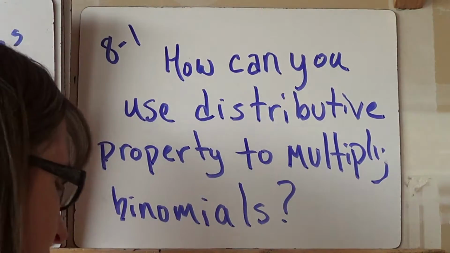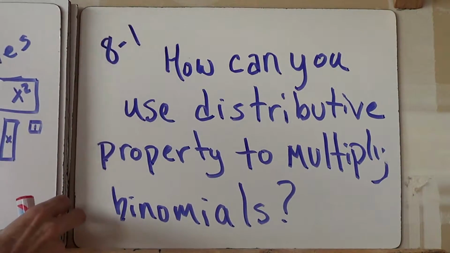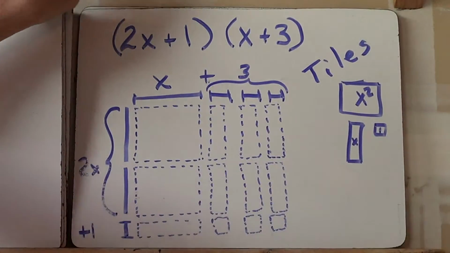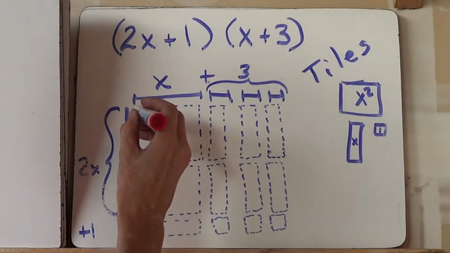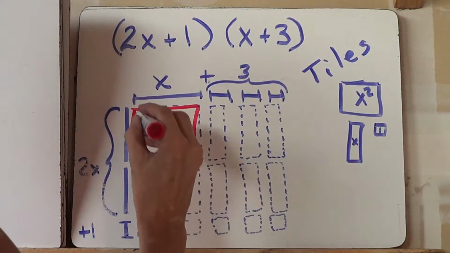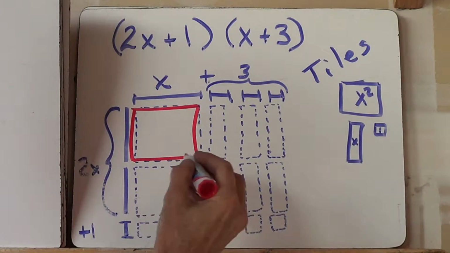Okay? So now we're going to look at how we use the distributive property to multiply these. First way, which is easiest in class to do, but I'll show you it here, is to use the tiles, the algebra tiles. Now, if you've used these before in the room, you know the big square one? It's usually colored like blue or yellow, sometimes green.